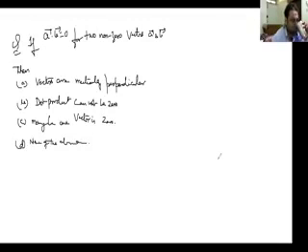Yes, sir, lambda equals 1. Now, if vector A and vector B are collinear, vector A I'm writing with brown, and vector B I'm taking with pink, then B is some multiple of A. What is the meaning of this?